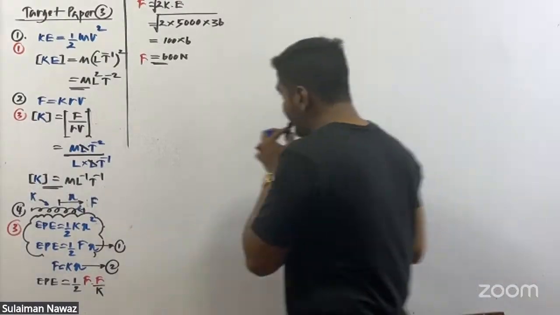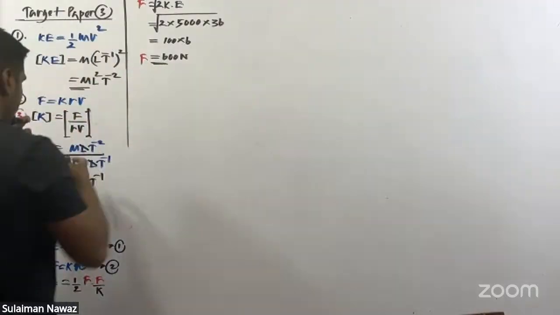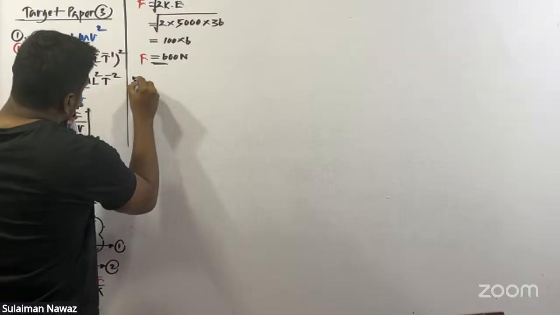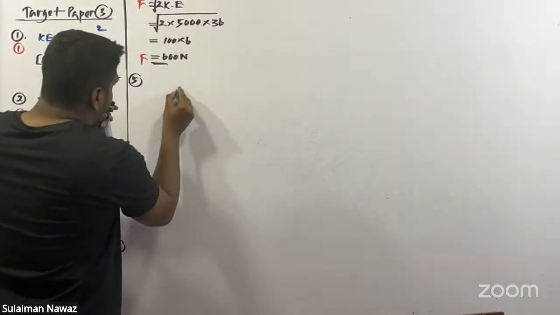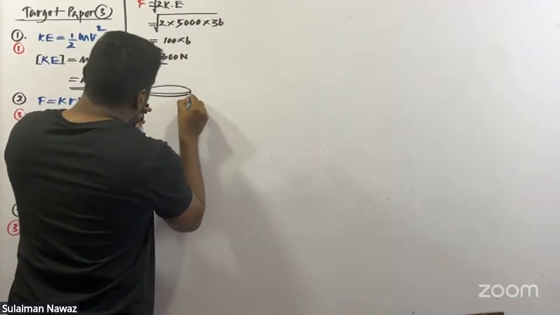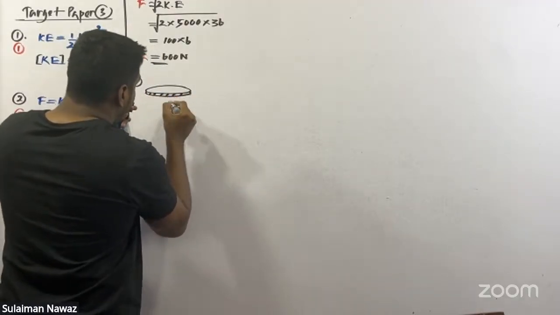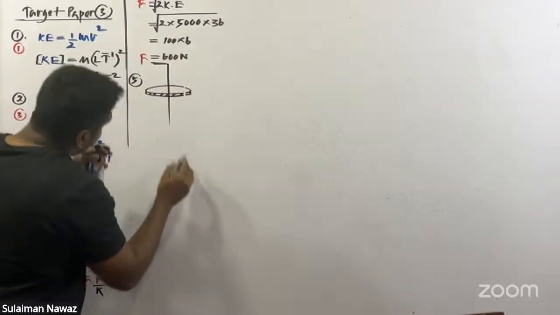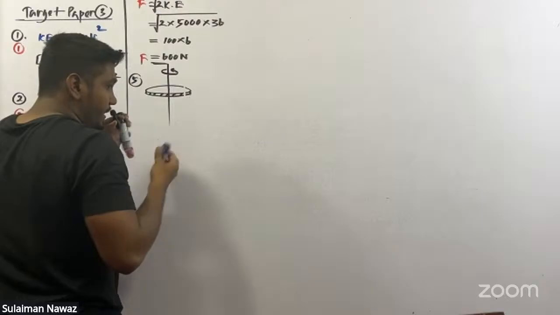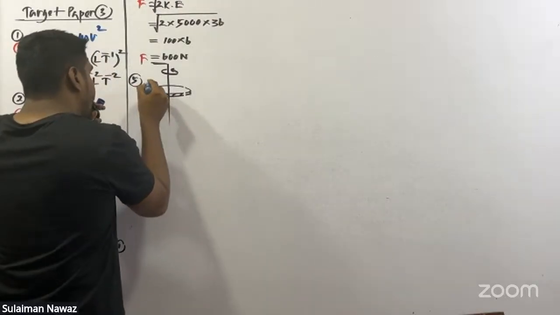We have done plenty of similar questions in our past discussions, so you should be able to get the answer. If I draw a disk of mass m, radius r.